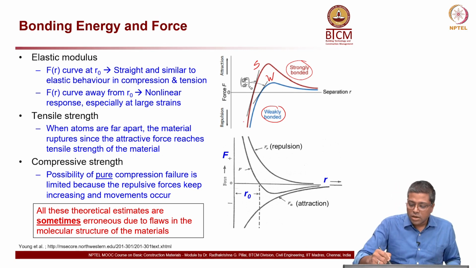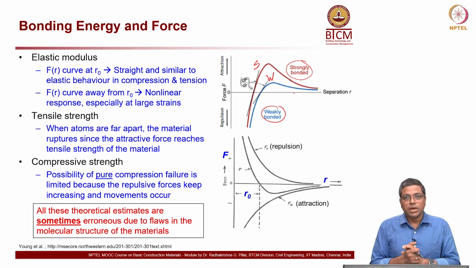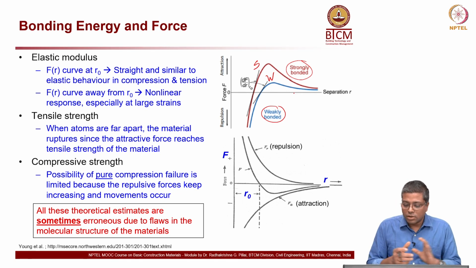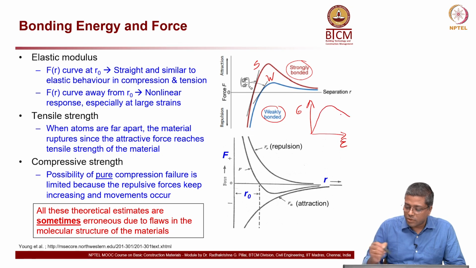So, this curve is also very similar to stress-strain behavior. For a typical metal or any material, if I draw strain and stress here, you might expect some material having this kind of behavior. So, this is the region we are talking about, that linear region.